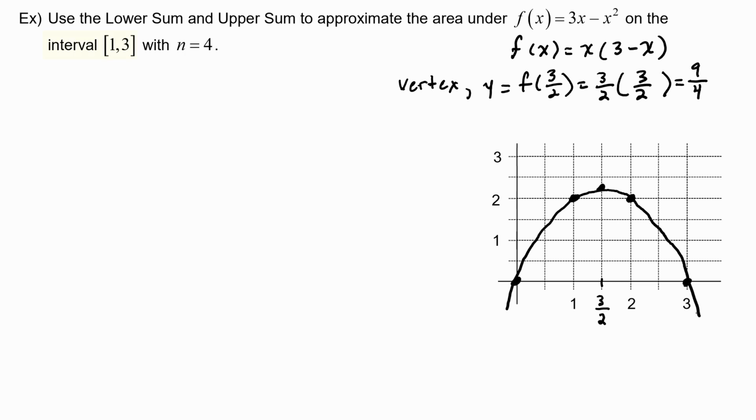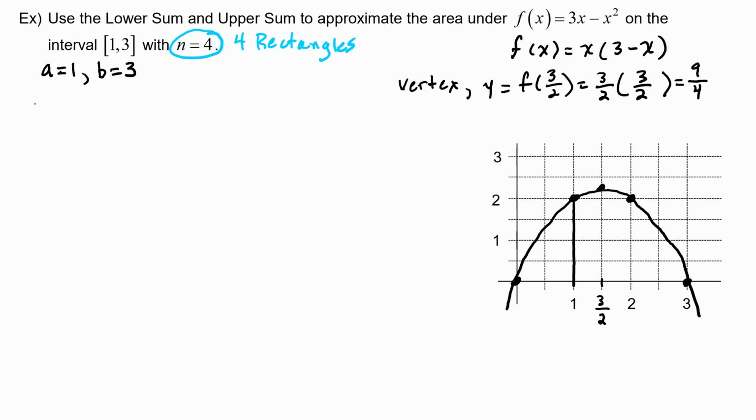Now our interval that we're working with is 1 to 3, so that means a equals 1 and b equals 3. Because n is equal to 4, that tells us we will have 4 rectangles or 4 regions.